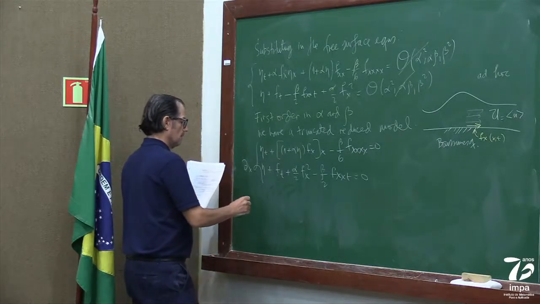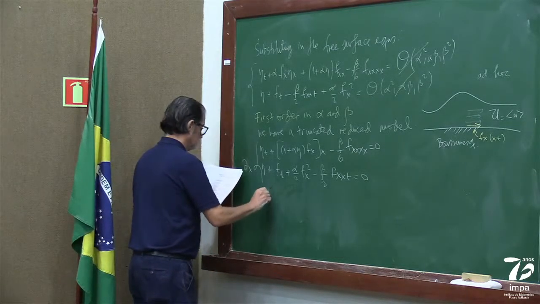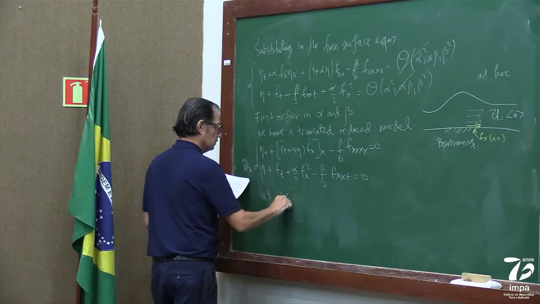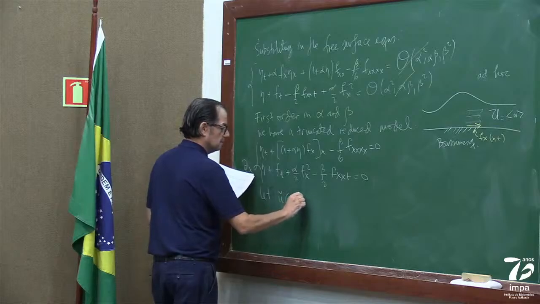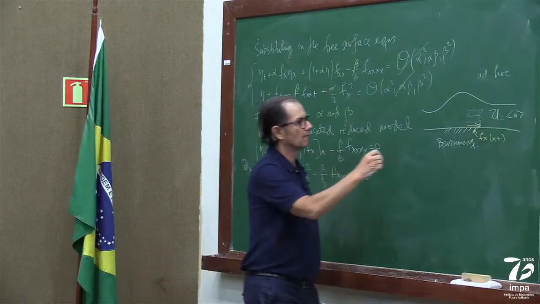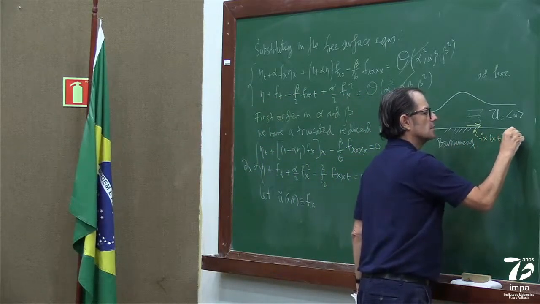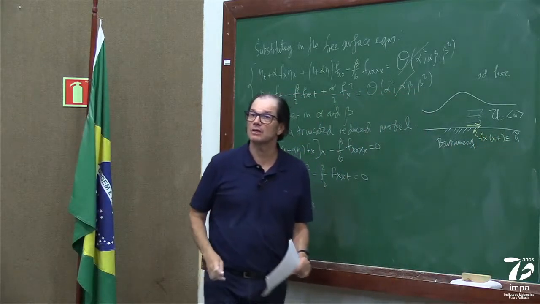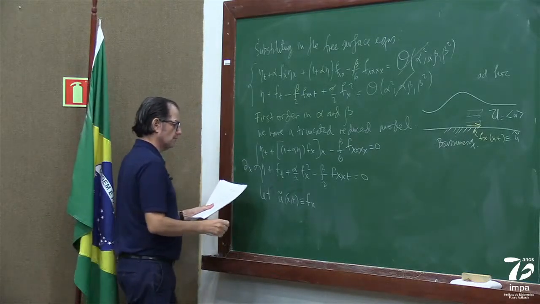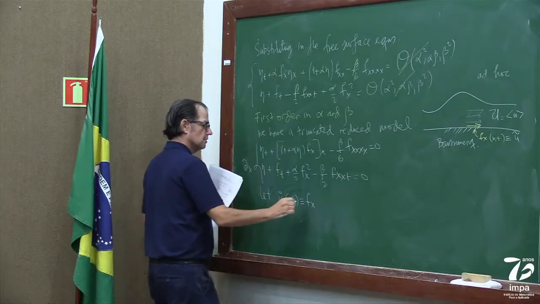So first, let U tilde, defined as df/dx, which is this guy here, be the speed at the bottom. And then note the following.